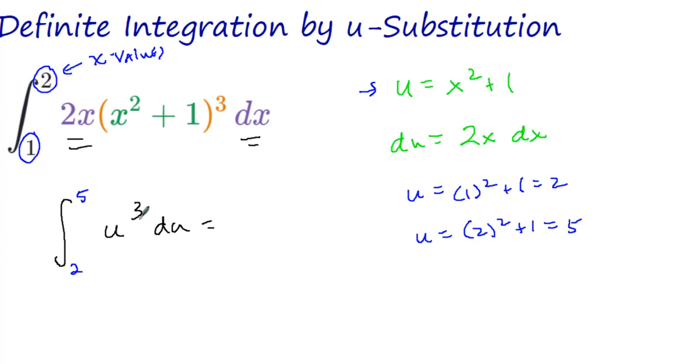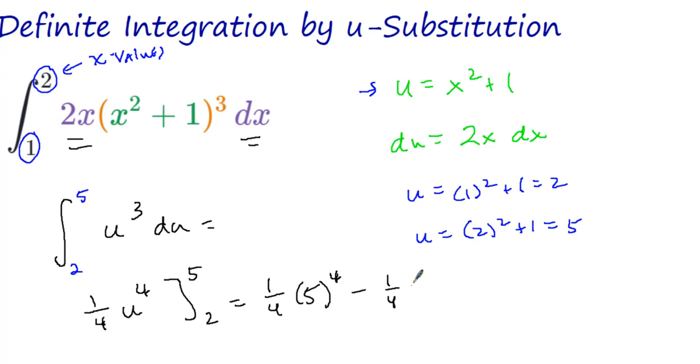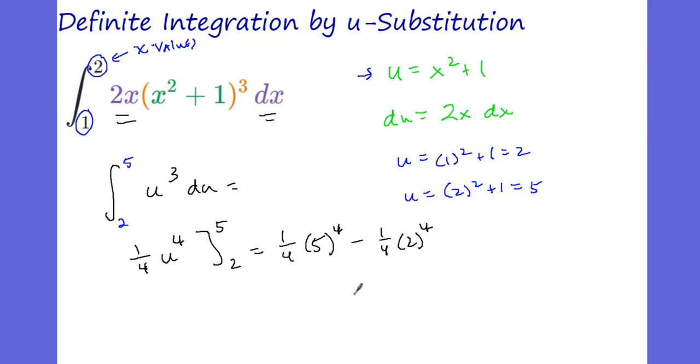So the integral of u to the third power is 1/4 u to the fourth power. And we are evaluating that from 2 to 5, which means first we're going to plug in our 5 value. Then we're going to plug in our 2 value to evaluate this function. So 5 to the fourth power is 625, divided by 4, so 625 divided by 4.